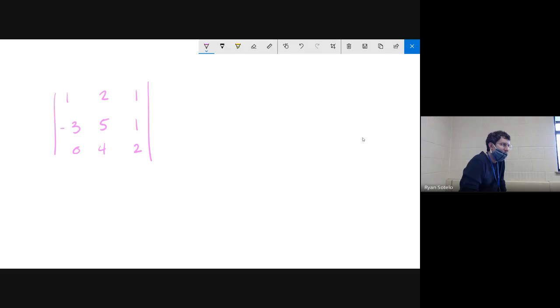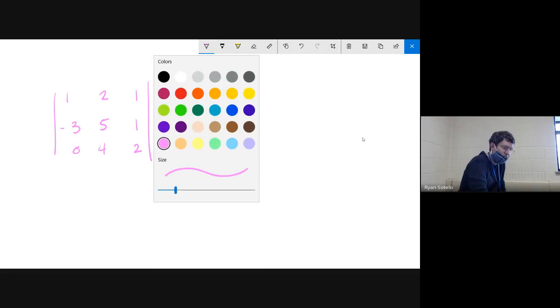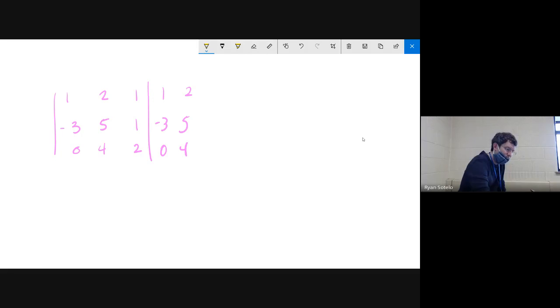Here's a 3x3 matrix. How do I do these? You have to copy down the first two columns, like braces. Good. And then I'll do faint lines, maybe yellow.